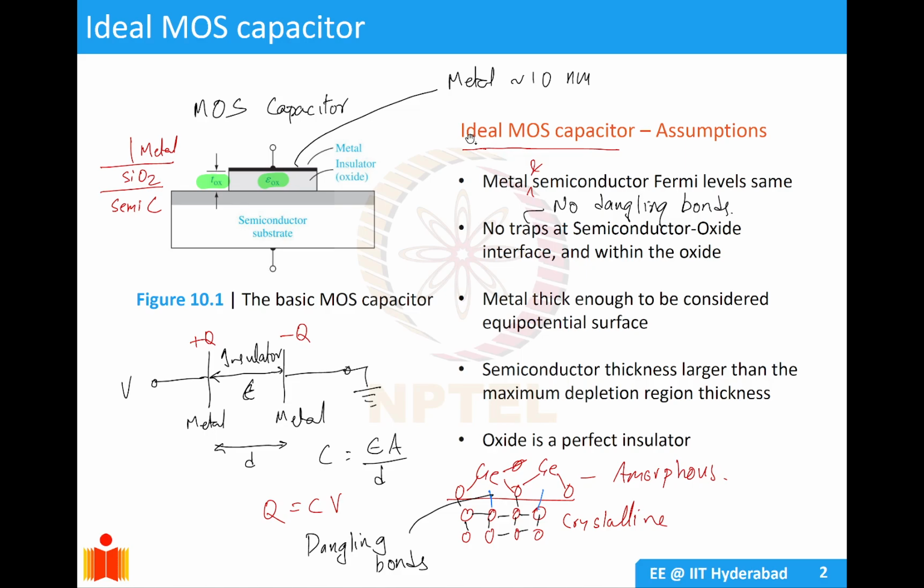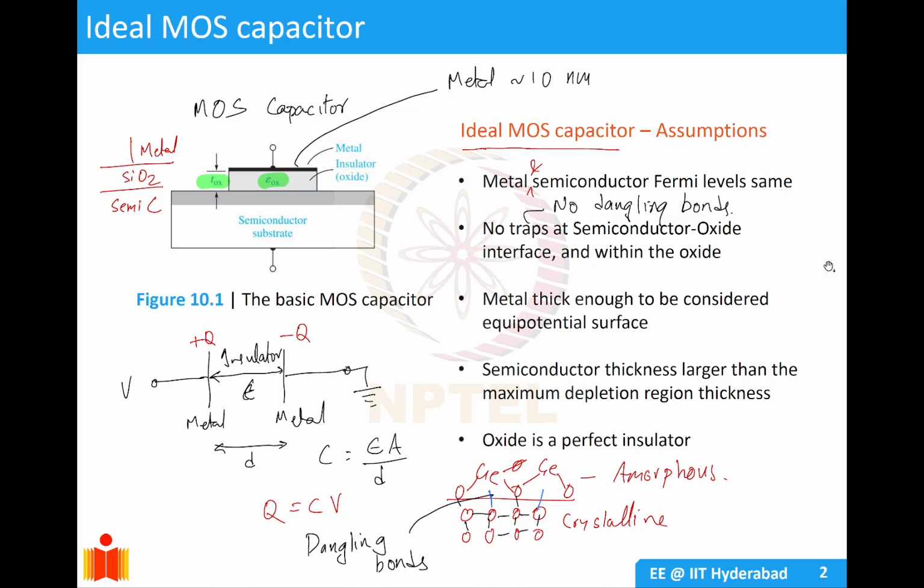If we talk about the ideal MOS capacitor, we are making some assumptions. One is that in equilibrium the Fermi levels of the metal and semiconductor are the same. Next, there are no traps at the semiconductor-oxide interface or within the oxide.